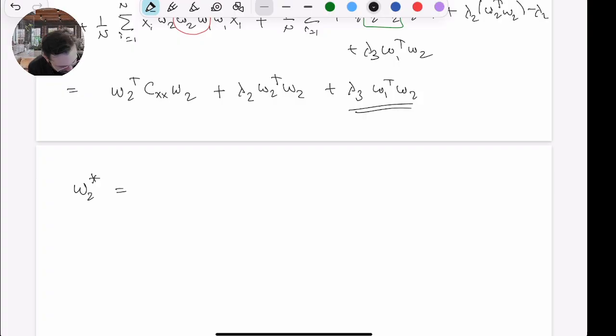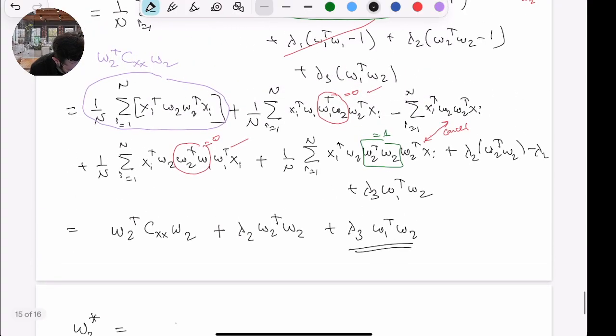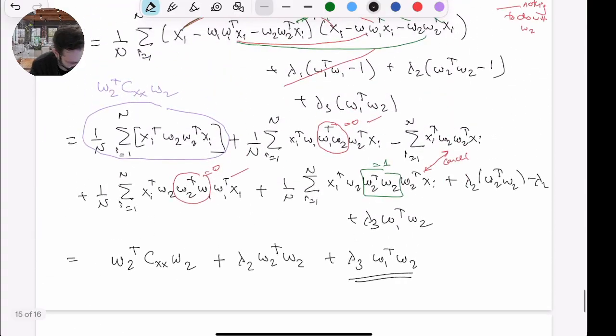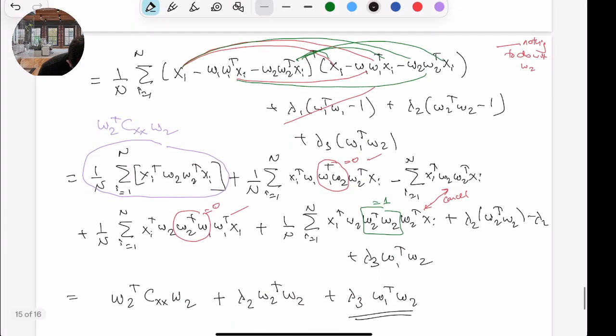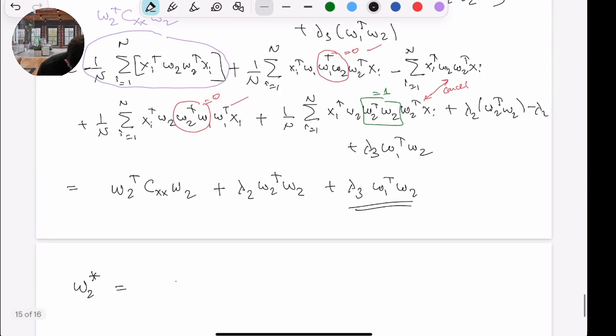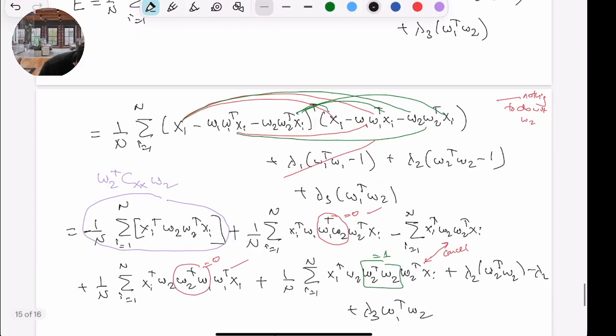So if I take, wait. I must have one of the negatives. Well, okay. Apparently I forgot the negative here. Let me make sure. This is what I'm calculating.